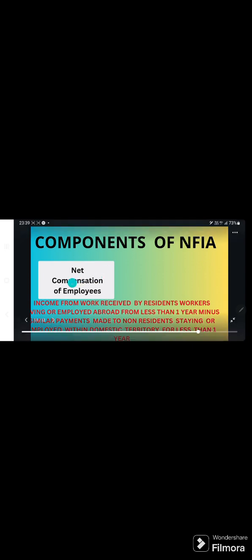So now we will understand as to how to arrive at net compensation of employees. To understand this definition, the thing we have to keep in mind is that it is the difference of the income from work received by resident workers who are living or employed abroad for less than 1 year, and removing, that is minus, the similar payment made to non-residents staying or employed within the domestic territory for less than 1 year.